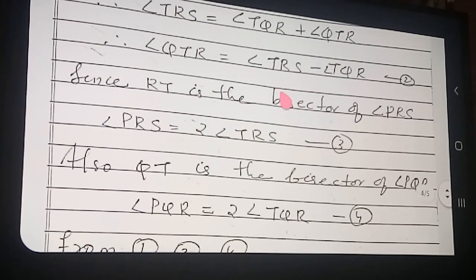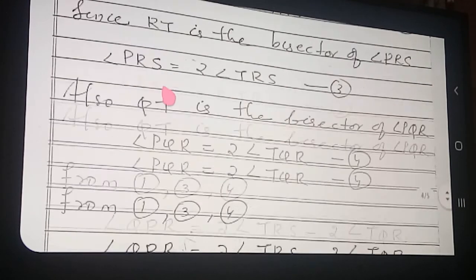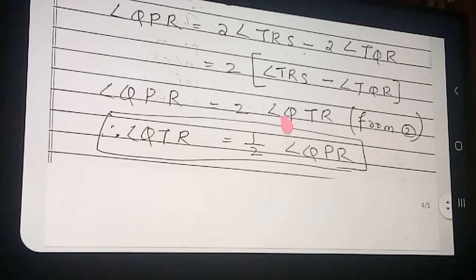See here, TRS minus TQR, what is coming? QTR. Therefore, we write QTR there. Here 2 times QTR. Therefore, the value of angle QTR is equal to, you divide this by 2, dividing what will come? QPR by 2. That means half QPR. Therefore, QTR is equal to half QPR.